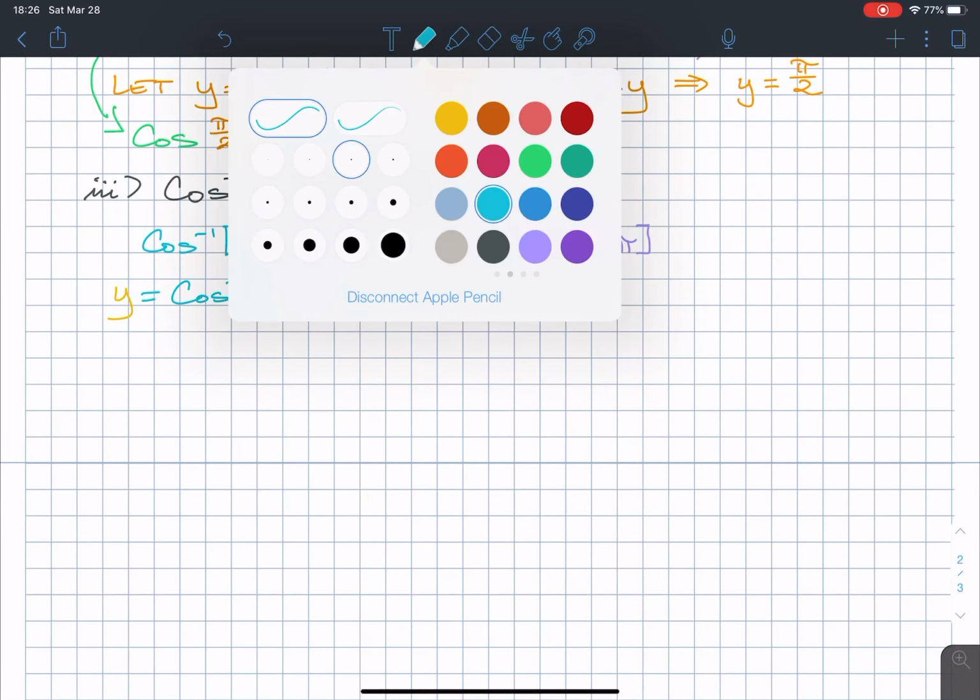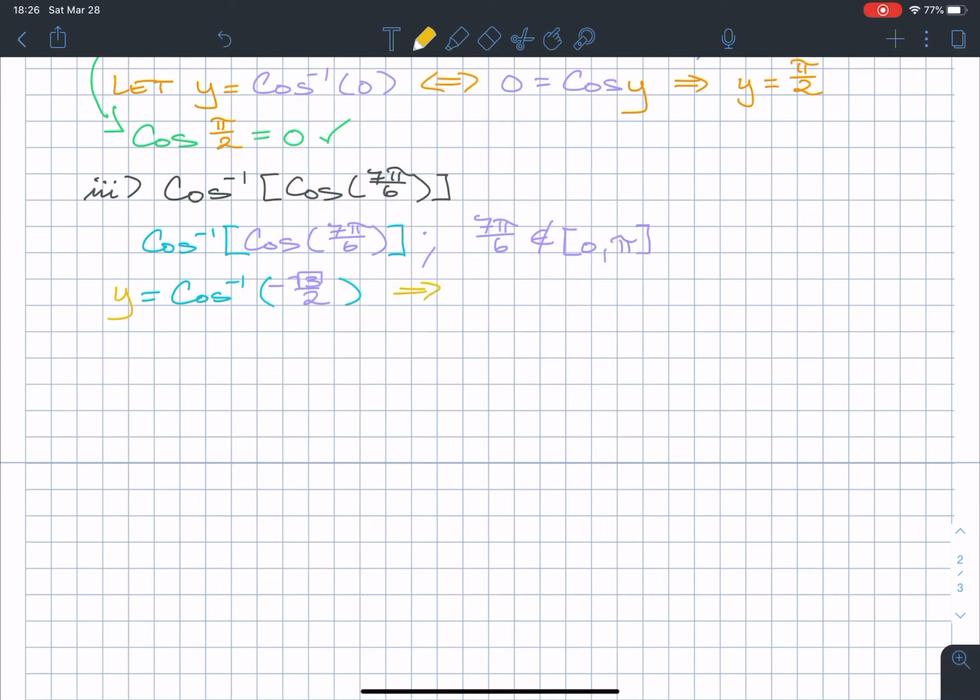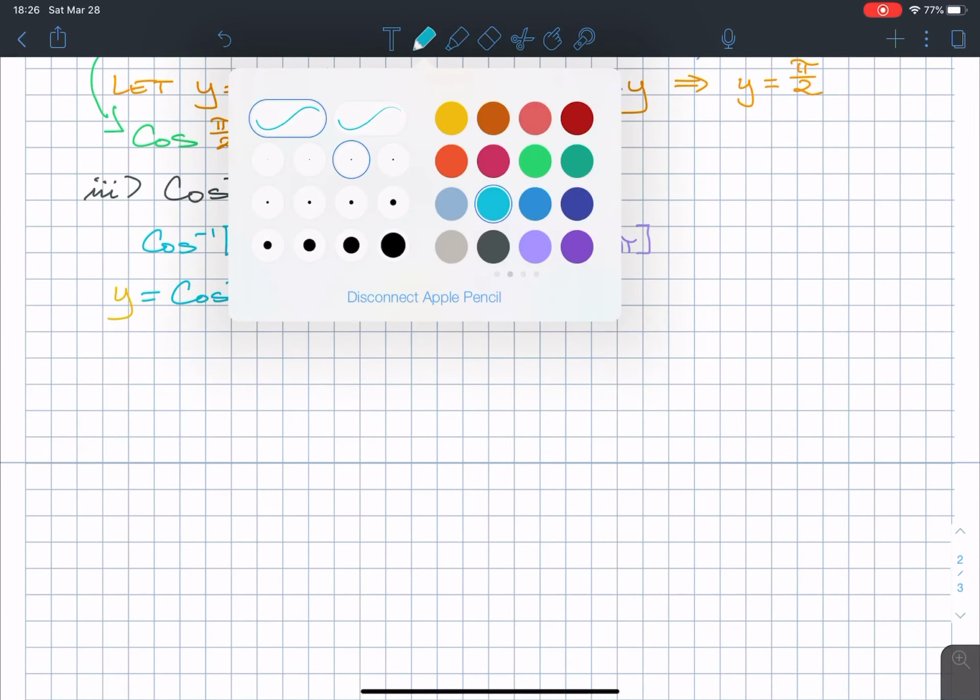So this has an equivalent expression. Remember, rewrite it without the inverse. This is equivalent to saying negative square root of 3 all over 2 is equal to normal cosine, without the inverse, of y.